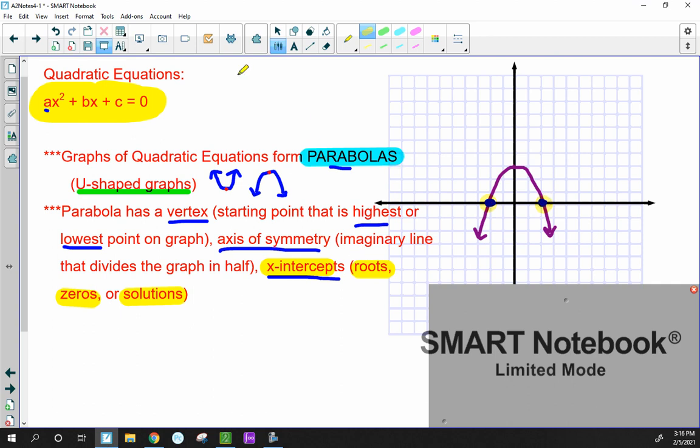Tying it back to what you've just finished learning on how to solve quadratic equations, you learned 4 different methods. Well, the solutions to those questions can be found graphically by just looking for the x-intercept. So in other words, when you're looking at this picture, you can see that this graph crosses at 2, 0 and negative 2, 0. The solutions are 2 and negative 2.